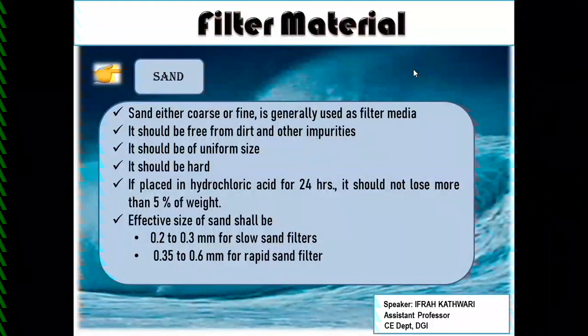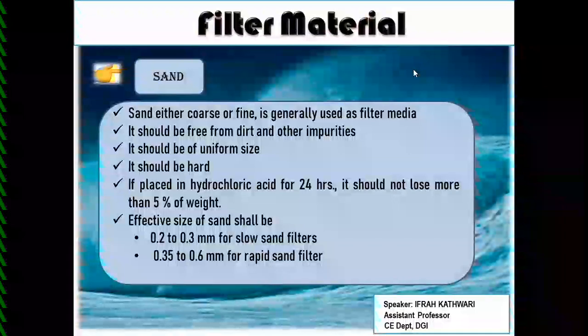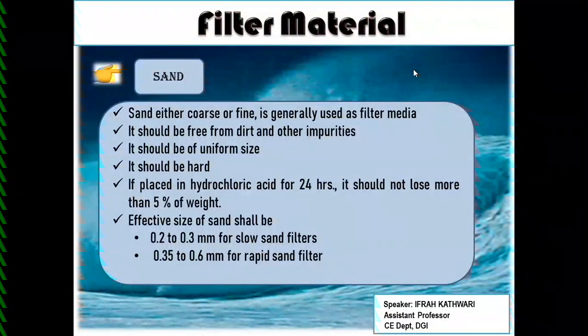Then we need to test it. For example, if you place this sand in hydrochloric acid for 24 hours, it should not lose its weight. If it does lose weight, it should not be more than 5% of its weight. So we have to look into it.